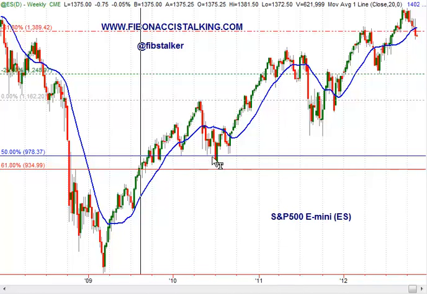As we can see, this first row provided support in the 978 area for the SP500, and it reached the first target in the 1248.50 area here.